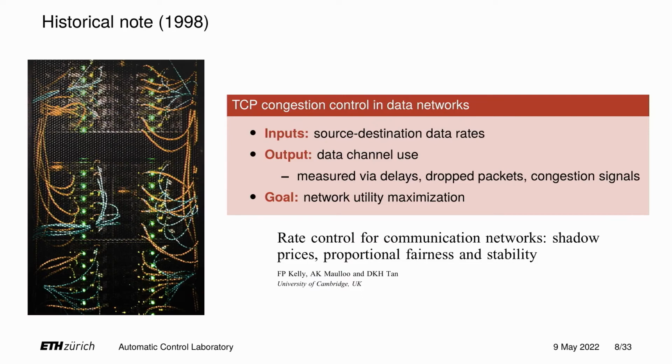And just a very quick historical note, the idea that you can take a controller and first interpret and then design a controller as an iterative algorithm from optimization goes back at least 25 years, to TCP congestion protocols, the protocols that prevent physical interconnections between machines from being overloaded by data traffic, right.